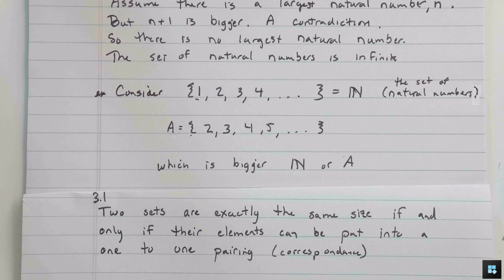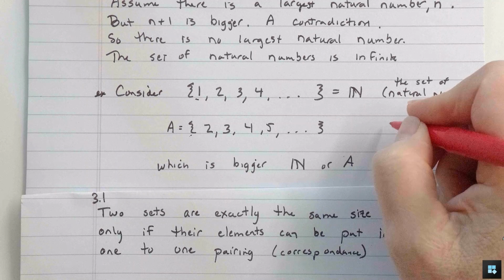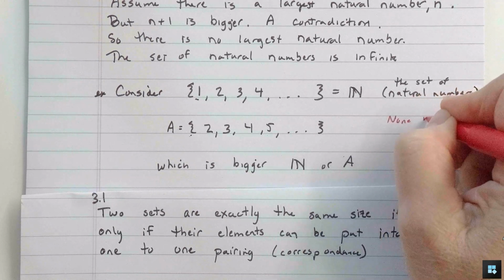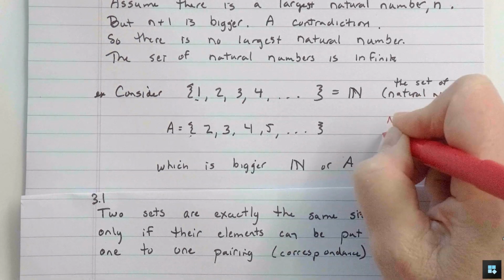So when you say that the first set's bigger, that means it's impossible to have a one-to-one pairing. Does anyone see a one-to-one pairing? I don't think it matters that the 1 is gone because it keeps going. What would be a one-to-one pairing then, so that none are missed and none are used twice?